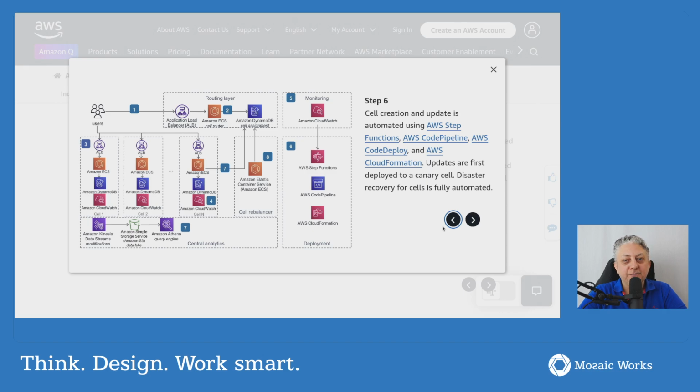You could have bottlenecks on specific shards, because if one of the shards is increasing, then that cell might not work as well. And if things are very separate with the cells, if you can scale up and down each cell, then there's no problem. If you can duplicate the cell, even better, although that might be a bit complicated.